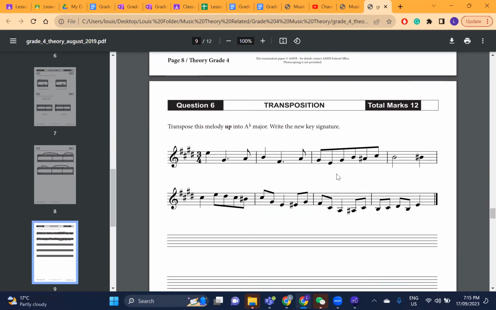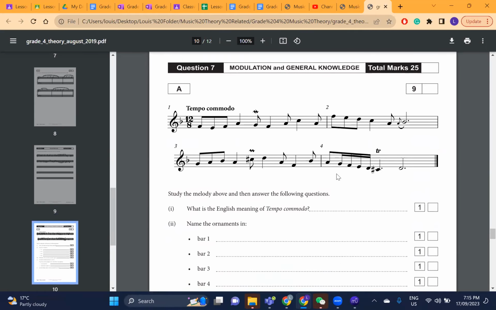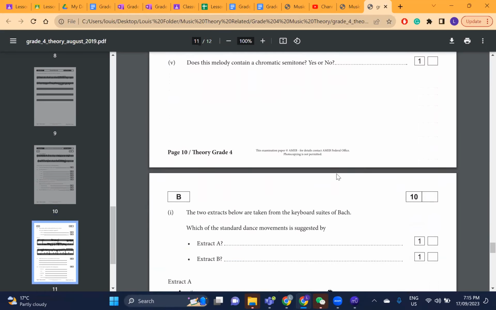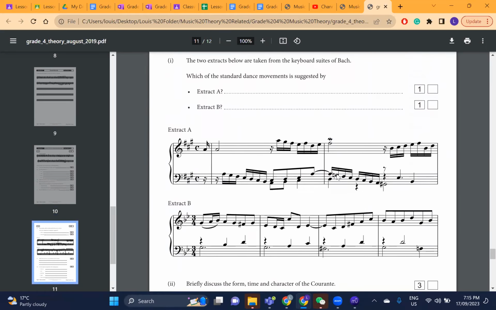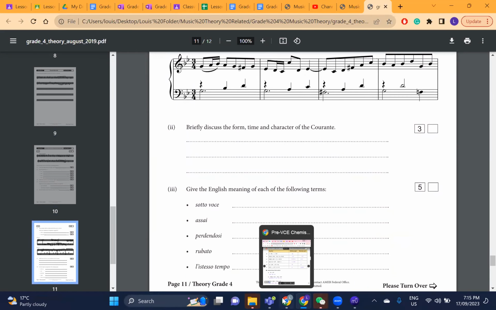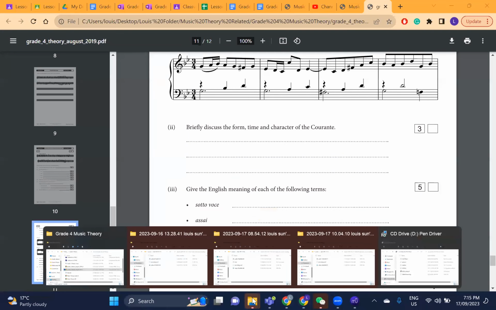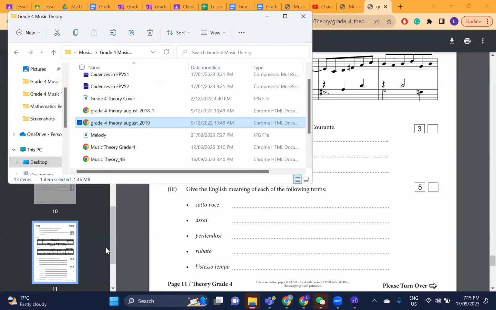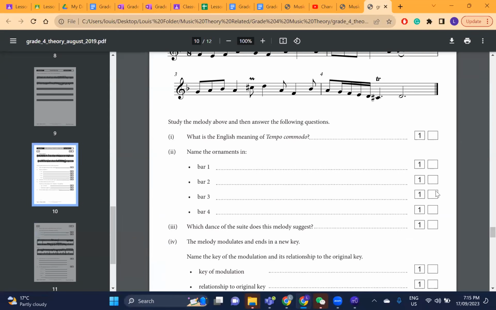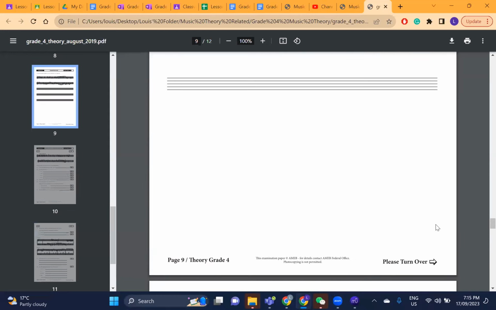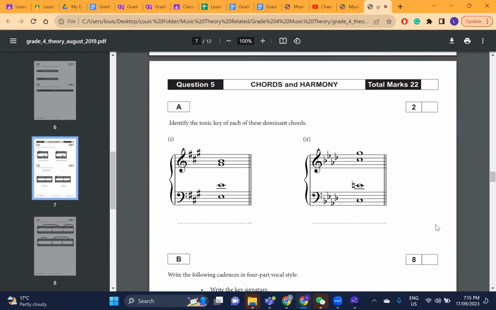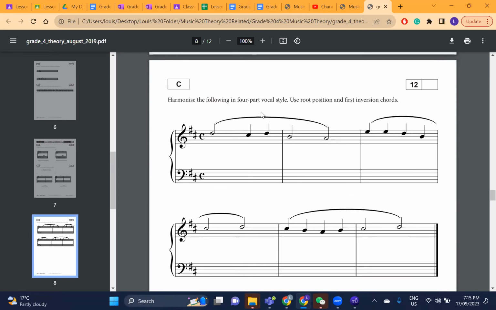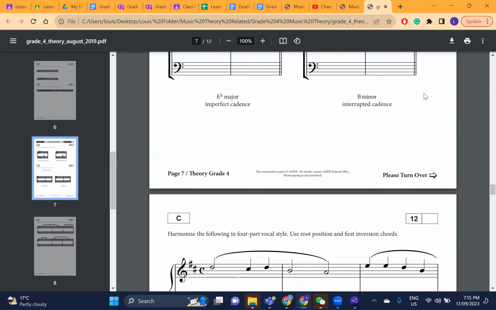There's 60 questions there, a lot more than 60. Some of them take a lot longer than you think, like transposition. Transposition actually accounts for a lot of the points in here. Harmony counts for about 30. This single question, where we have to harmonize a whole thing in full vocal style, which is what I'm trying to do now, is worth 12 points.